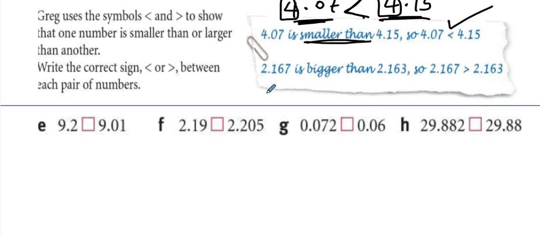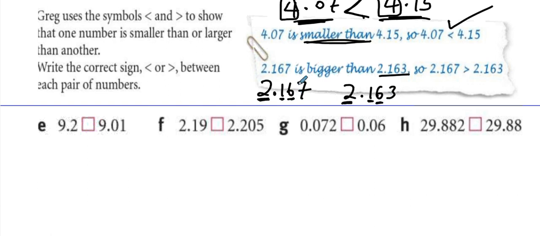Okay, how about 2.167 compared with 2.163? Okay, the first digit is the same, so you can't tell which number is greater than the other. But when you move to the next digit, you have 1 here, and here you also have 1, so you also can't tell. 2.1, they sound the same. So you have to move one step. 2.16, still they are sounding the same.